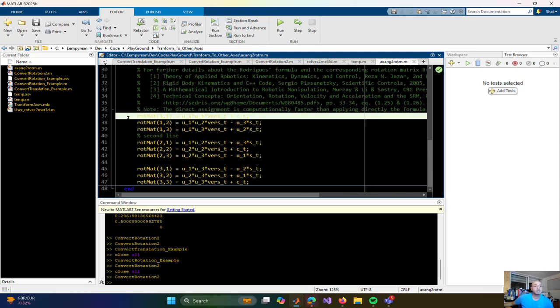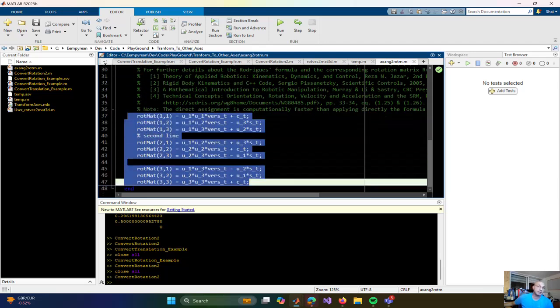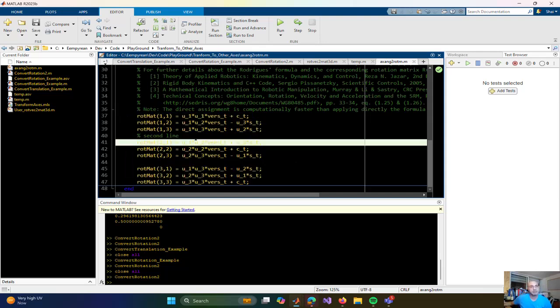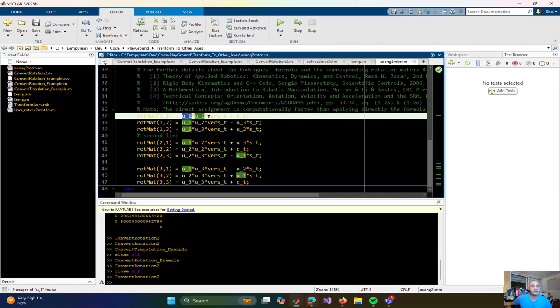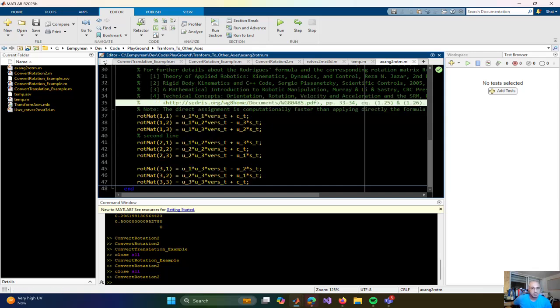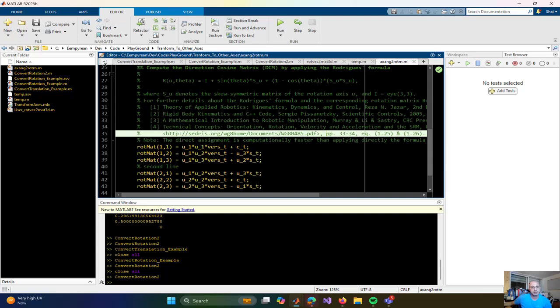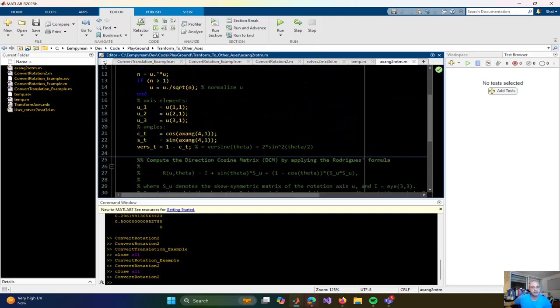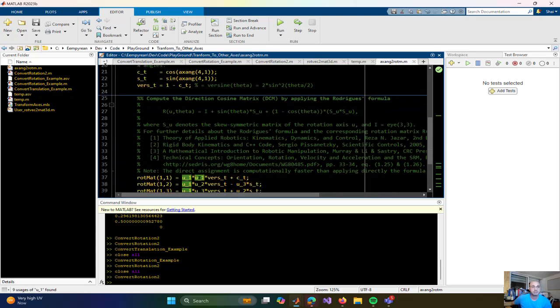You can see the Rodrigues formula here. And here we have the 9 elements of the rotation matrix, 3 by 3. So the first one is u1 times u1 times vers t plus the ct. So let's see that we have u1. Now note that here it's a vector multiplication.